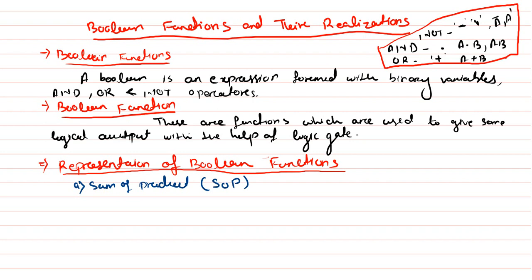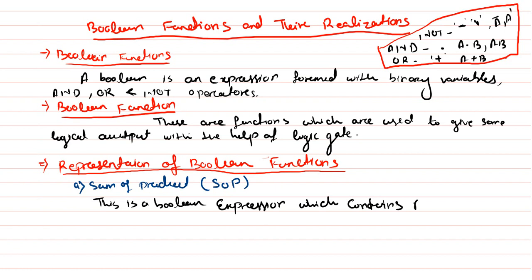So what is this? This is a Boolean expression which contains and terms. An and term means the and operator.